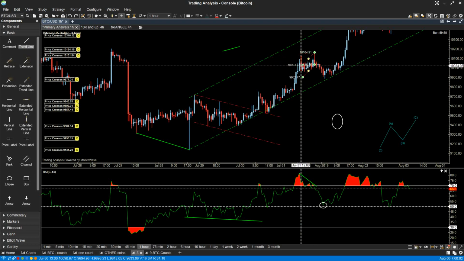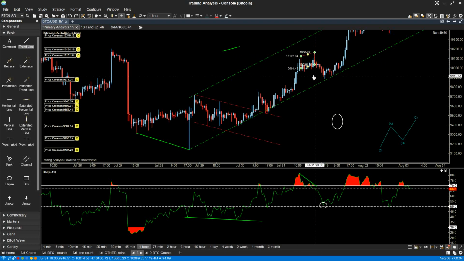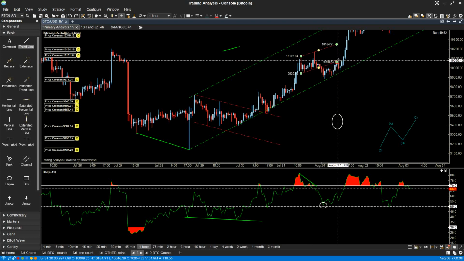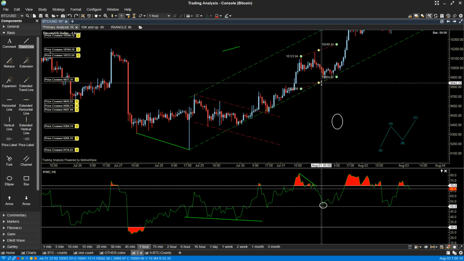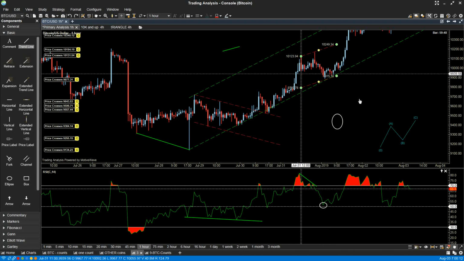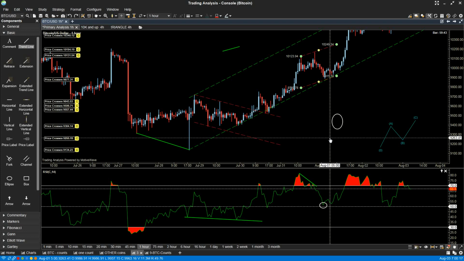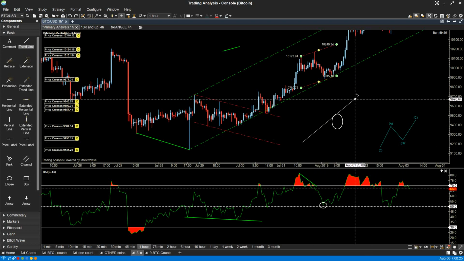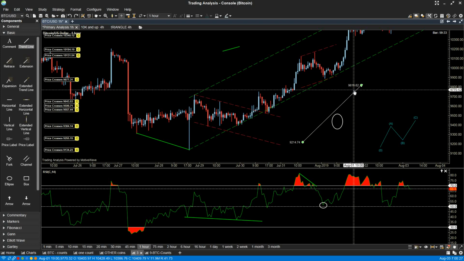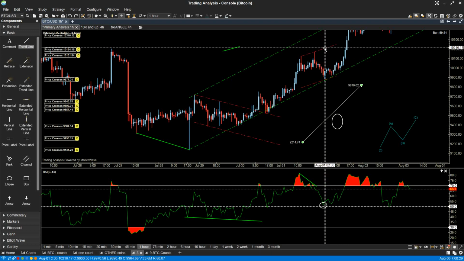A lot of people will draw the channel this way, from one pivot to the other, and then they reflect it lower, like this. Or when the market went down, they reflected it like this. This channel is pointing up. This channel is actually not a red channel. It's a green channel. Why? Because it's pointing up. I'm expecting the market to go up, so my red channel has to be pointing down.